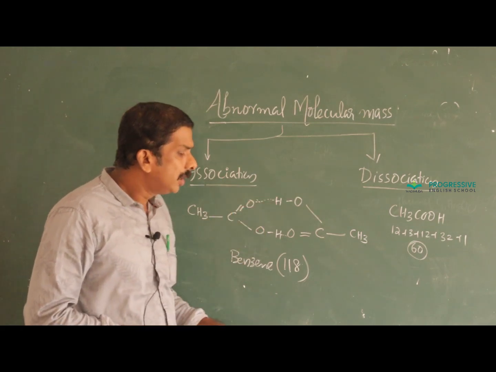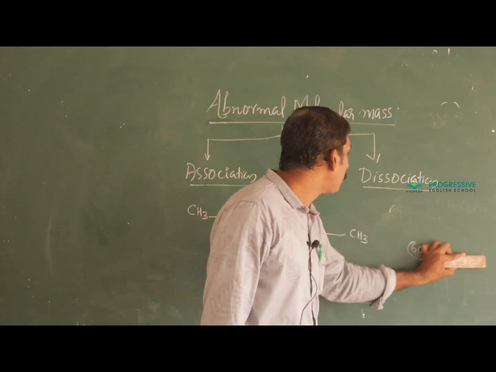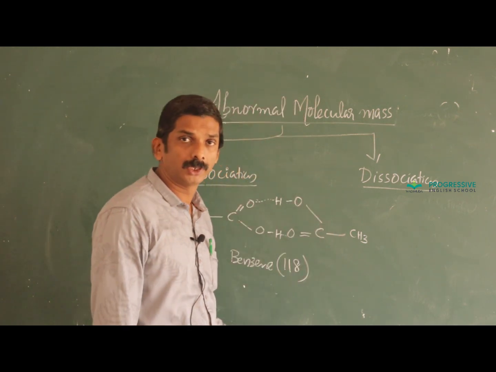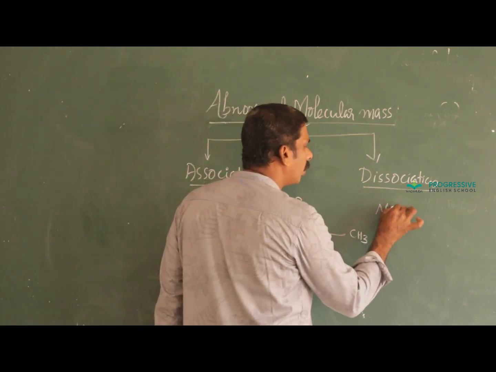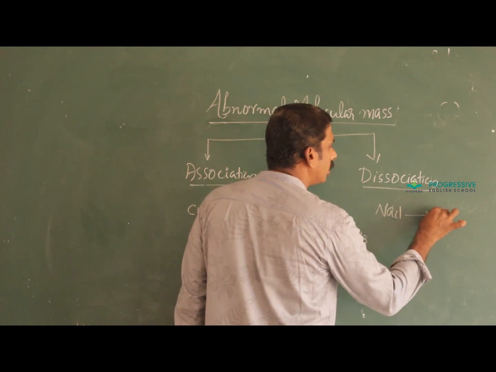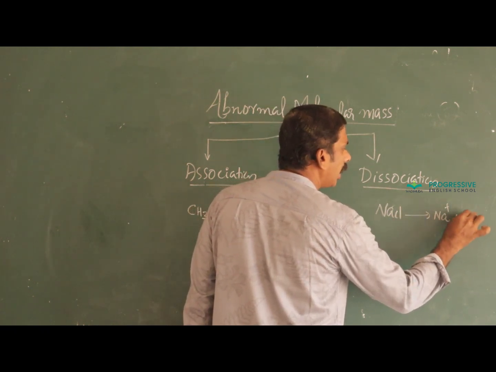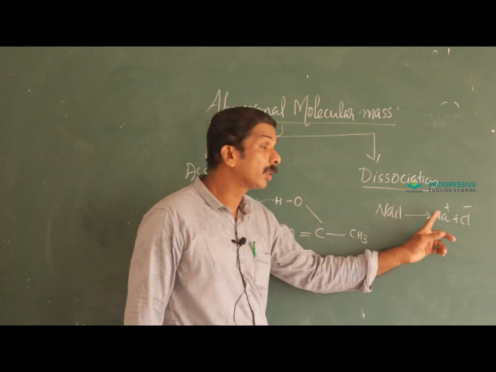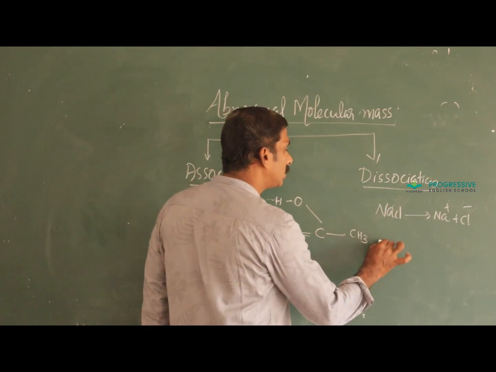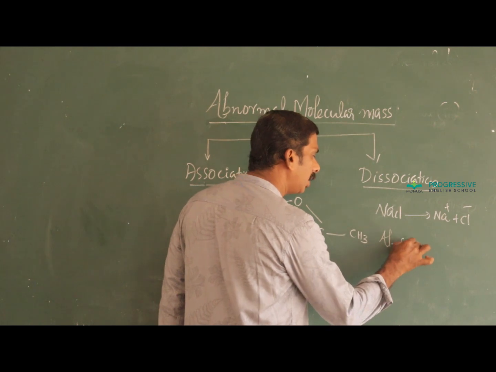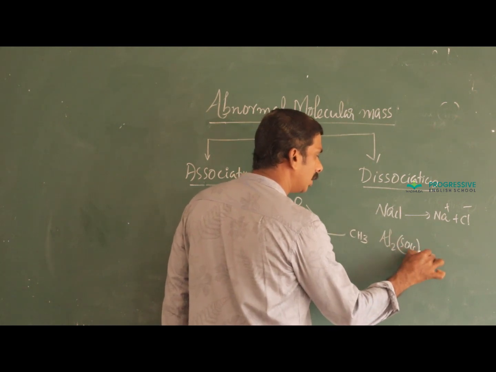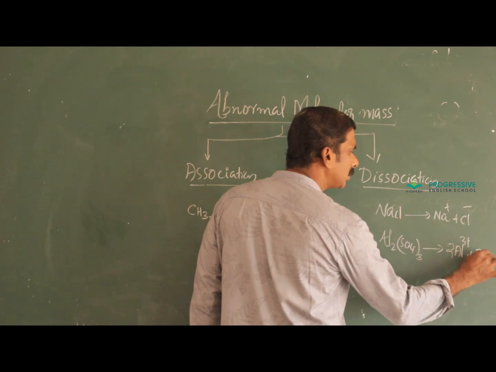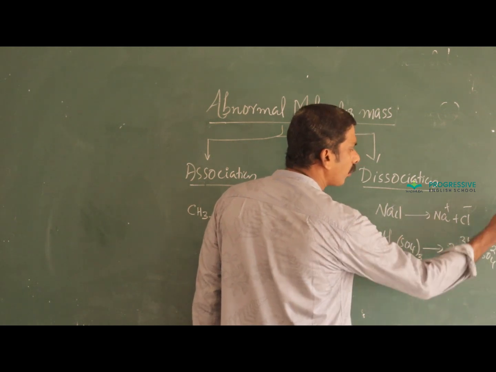The same way, dissociation. What happens? Just the reverse of association. Here, a single molecule gives more than one ion in solution. For instance, if we take aluminum sulfate, Al2(SO4)3, it gives the effect of 2Al3+ plus 3SO4 2-.